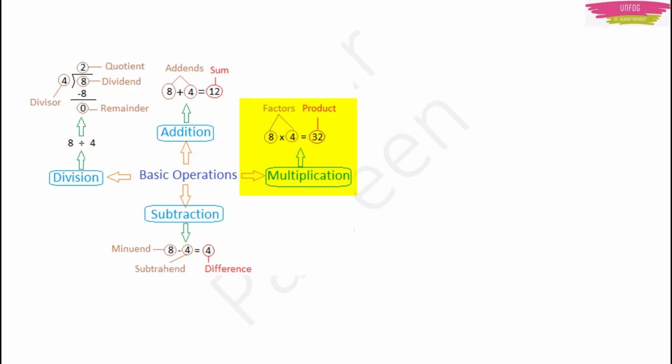Okay. And then coming to division. For example, you are dividing 8 by 4. This 4 will become your divisor, 8 will become your dividend, and your answer will become quotient. And if any number is remaining while you do this division, that remaining number is known as remainder. Here in this case, it is 0. So remainder will be 0.